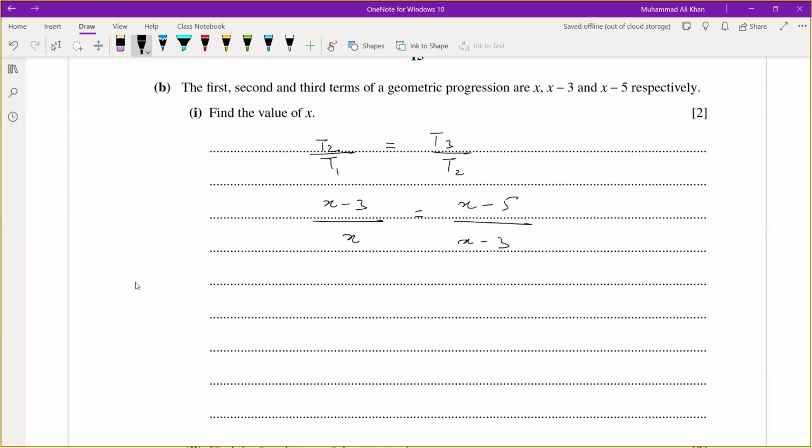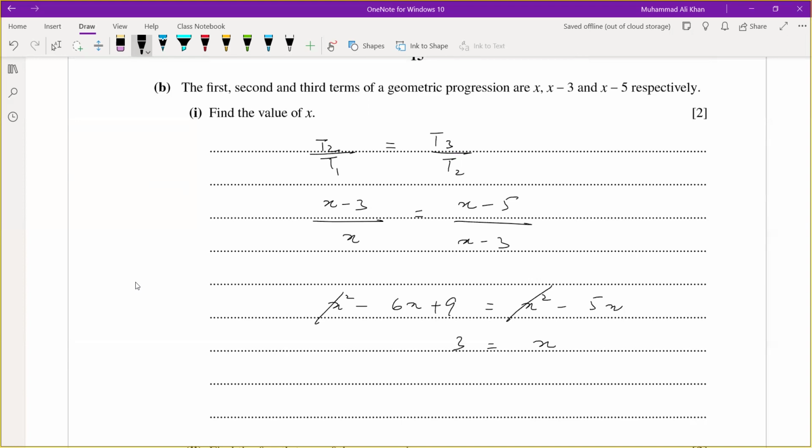Cross multiply. A square minus 2ab plus b square. Cross multiply x square minus 5x. X square cancel out. X equals to 3.